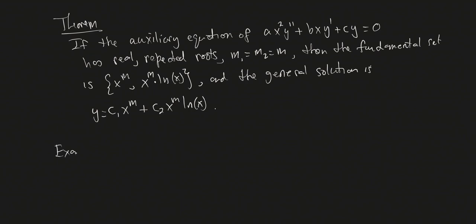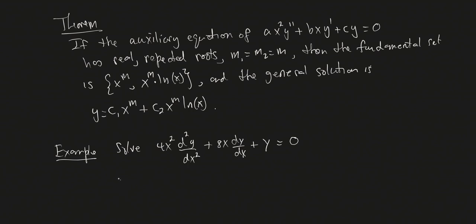So let's do an example, and let's just say solve 4x squared times my second derivative plus 8x times my first derivative, and then plus y is equal to 0. All right, so there's our differential equation. And again, we'll just find the general solution.